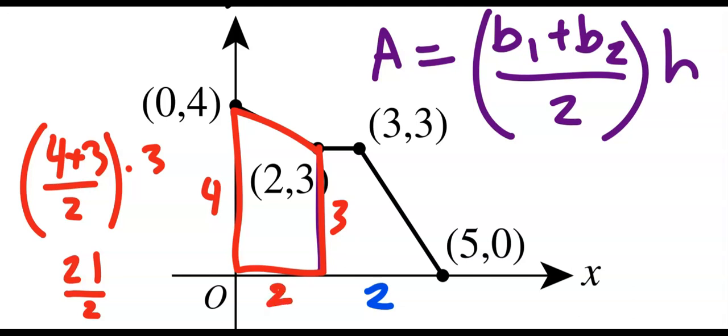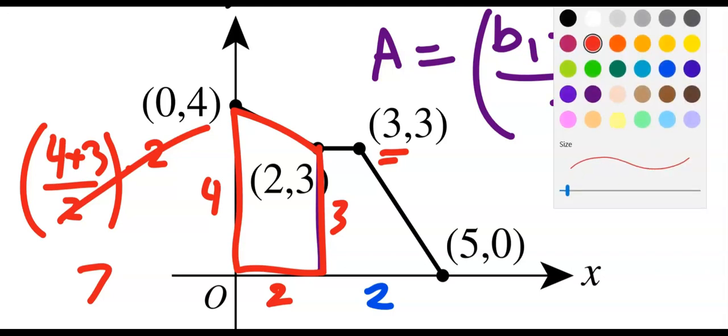It's only a 2. My eyes went to this one right here, and I wrote 3 when I should have been paying attention to the fact that I only moved over 2 units. So that's going to change this. Because now it's a heck of a lot easier because the 2's cancel, and that's 7. Okay. It'd be nice if I would pay attention.